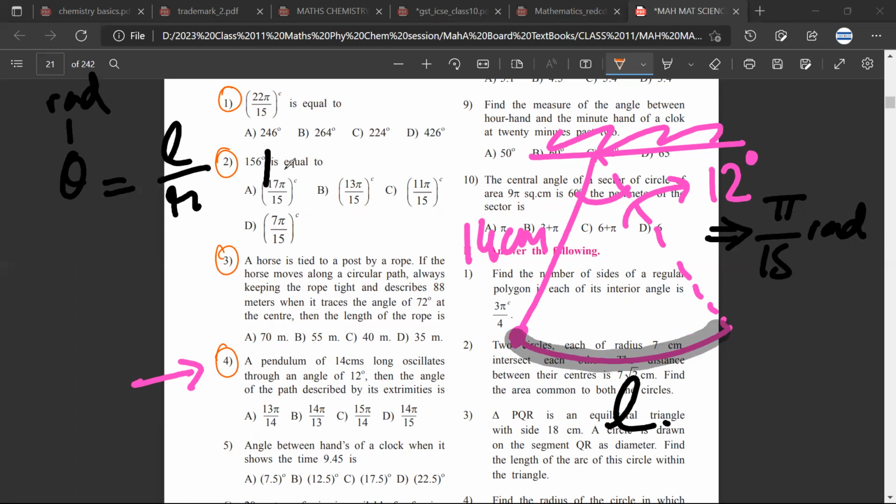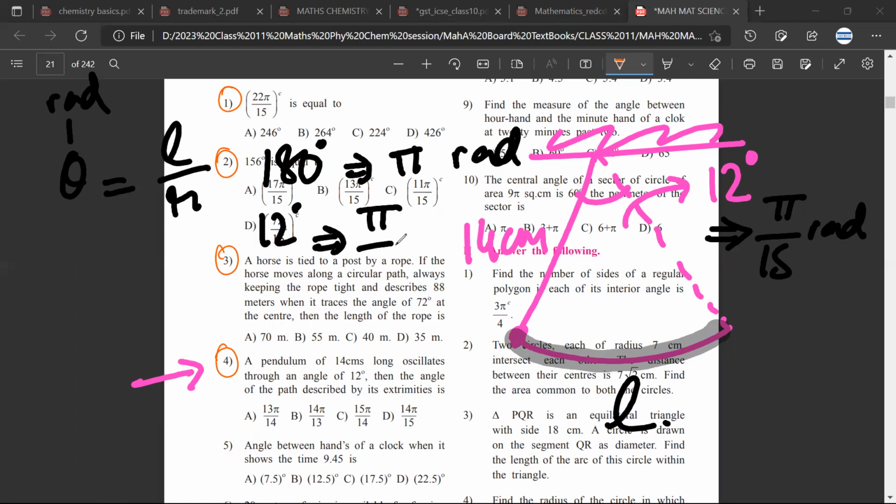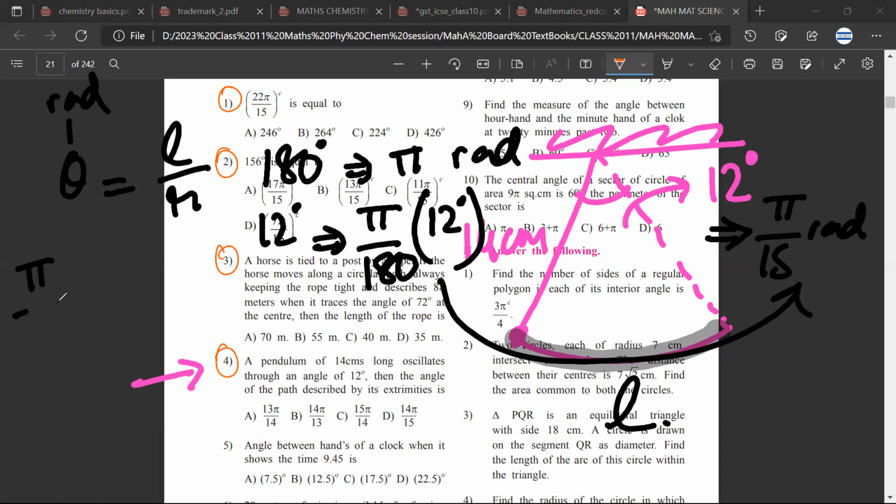The conversion factor is 180 degrees is equal to pi radians. Using the basic unitary method, pi upon 180 into 12 is equal to pi upon 15 radians. Pi upon 15 is equal to L by R. R is 14, so L is equal to 14 pi by 15.